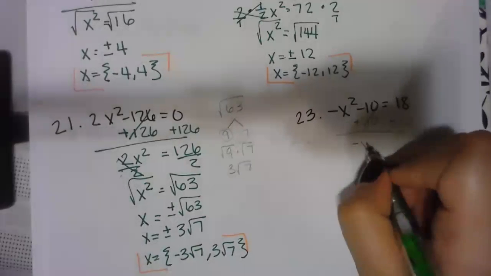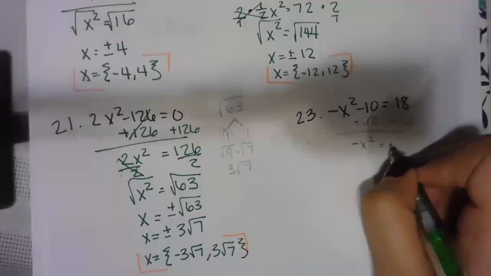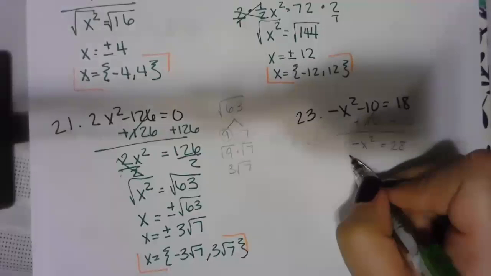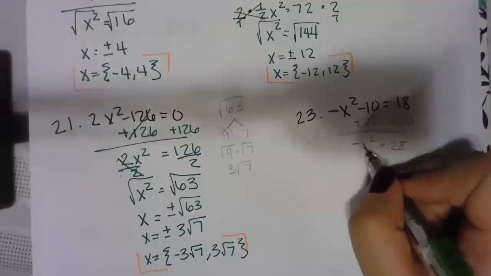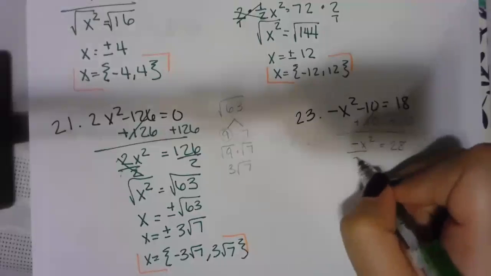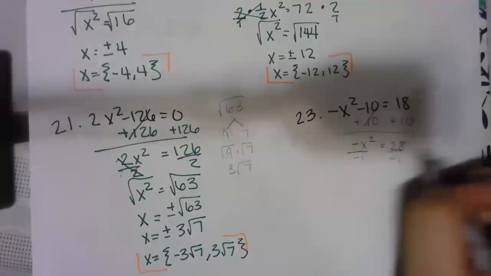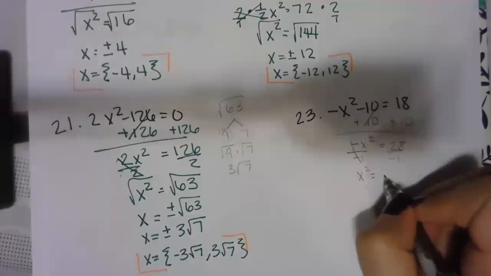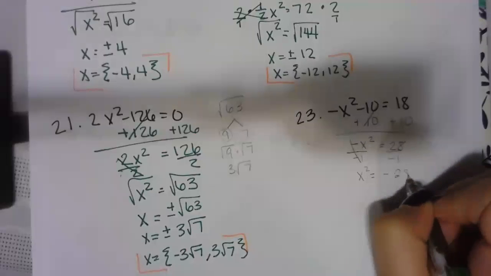Then you would get negative x squared equals 28. Okay, well, your x squared still is not isolated because you have a negative 1 times it. So then you can divide by negative 1 on both sides. You can multiply by negative 1 on both sides. Either of the two is going to give you x squared equals negative 28.